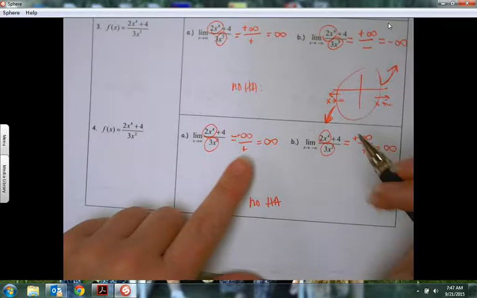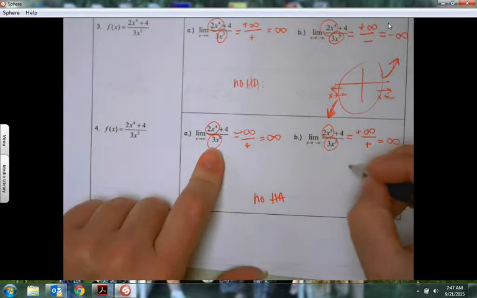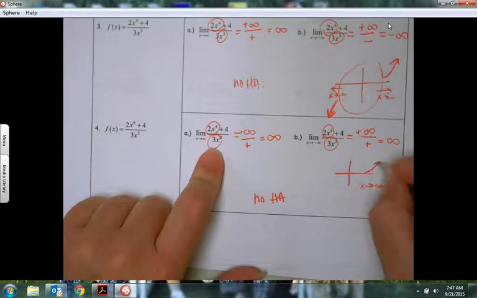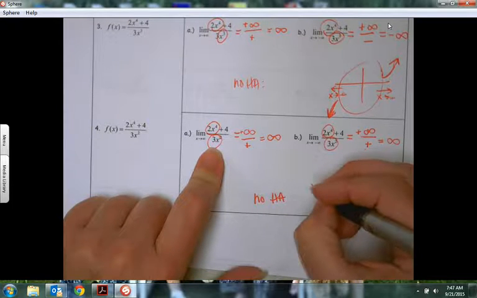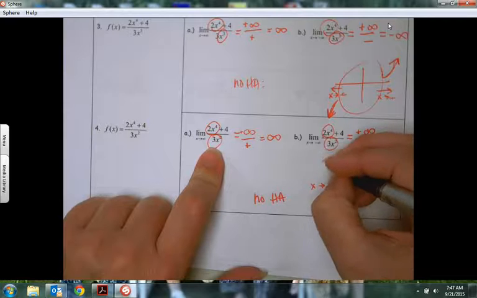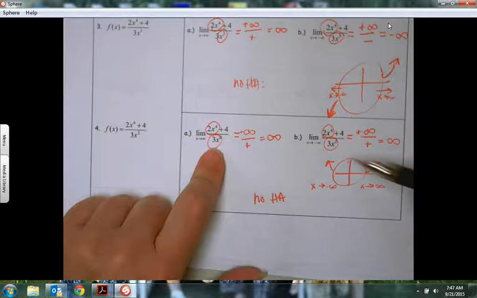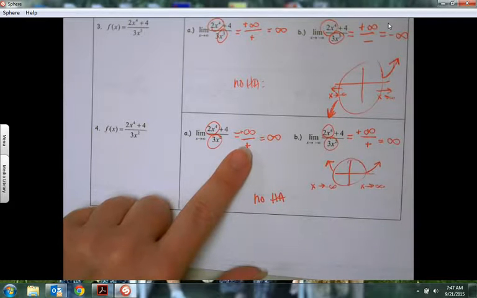Whereas here, as x went to positive infinity, it went to infinity, and as x went to negative infinity, it went to infinity. So we definitely have some different end behaviors, and that's what that is telling me as I take the limit to positive and negative infinity.